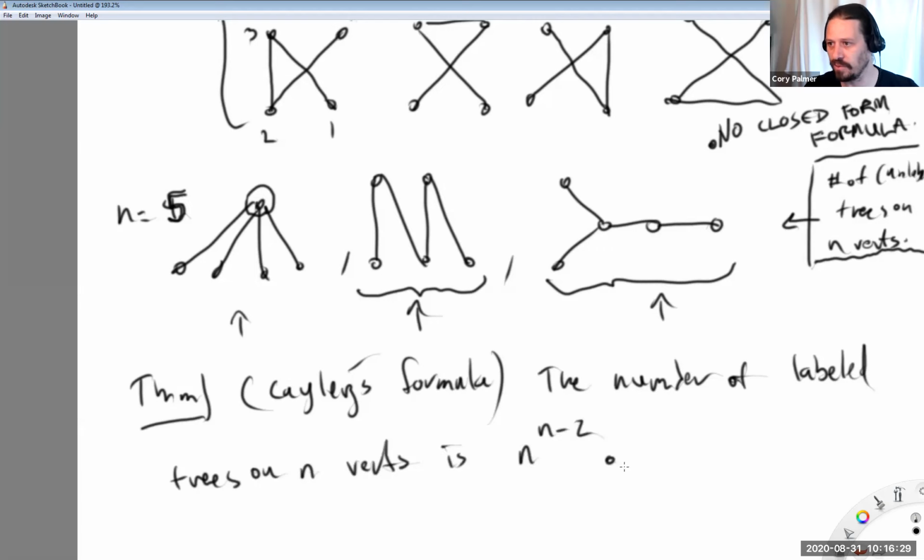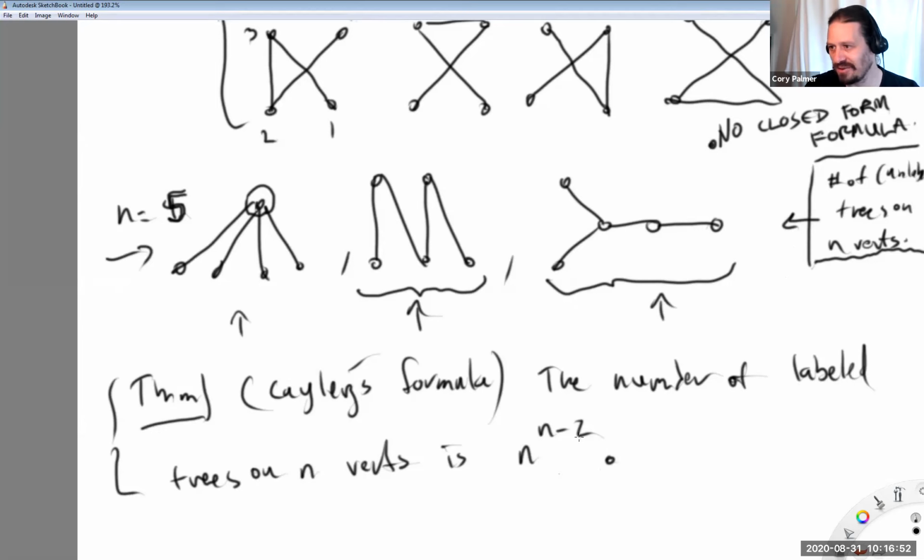That's it. It's a very simple formula, okay? A number of people, myself included, consider this maybe the most beautiful theorem in all of combinatorics. This wildly complicated structure, which the standard strategy would be incredibly hard to solve, comes out to this really simple number, n raised to the n minus 2, okay?